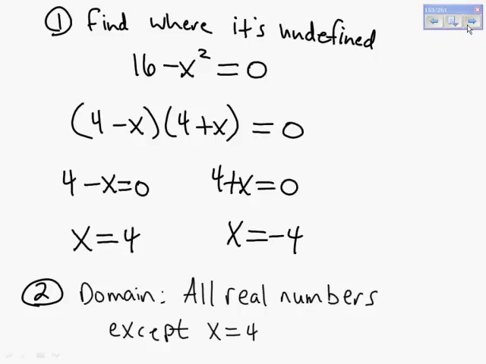That's one place where it's undefined, and it's undefined at x equal to negative 4. So those are the two places where my function is undefined. That's how you always want to write your domain, for a rational function only. The domain of a rational function is all real numbers except where your denominator is undefined. And where my denominator was undefined in this case was at positive 4 and at negative 4.